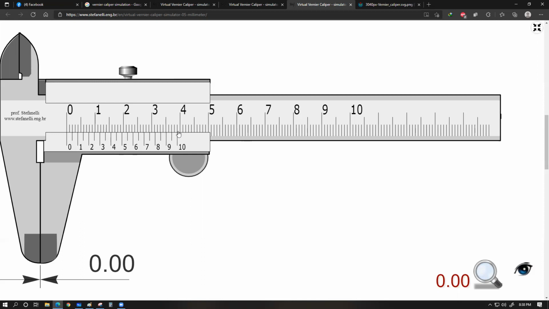So there is a little bit of fraction over here. How much smaller each of these divisions is compared to a comparable number of divisions on the main scale is basically what the Vernier constant is.